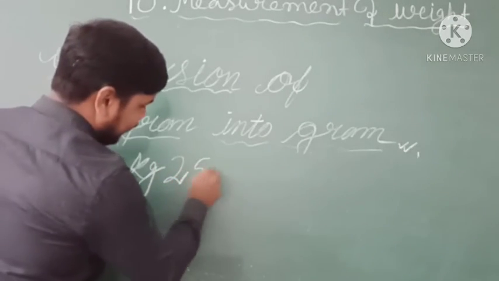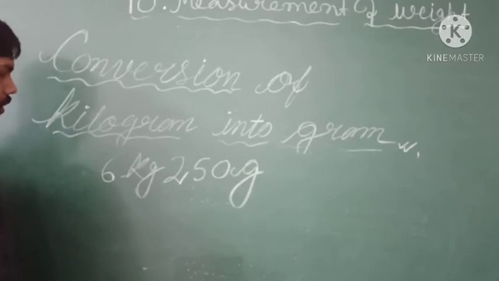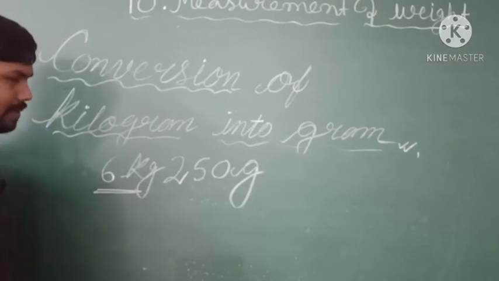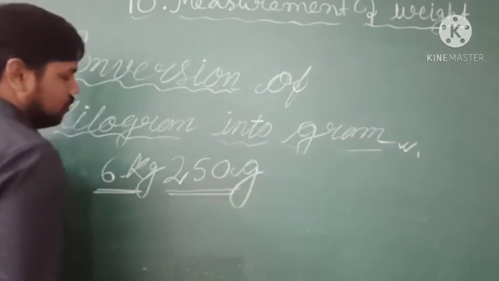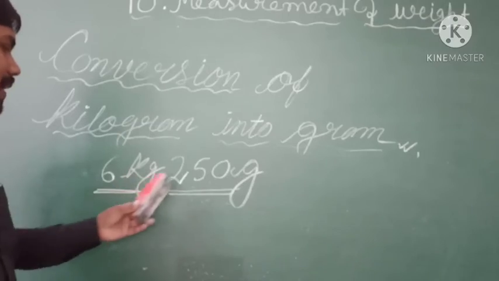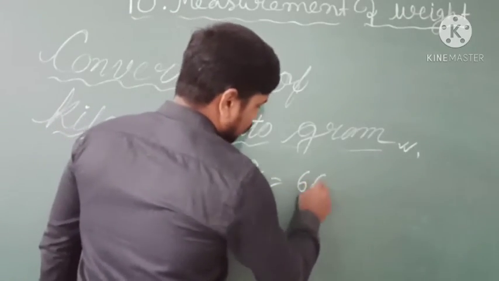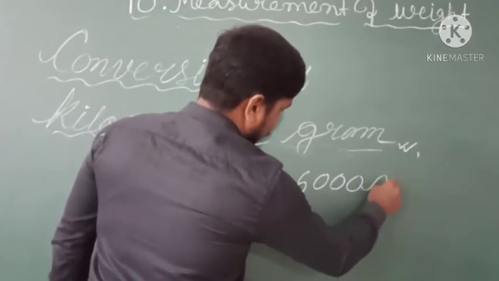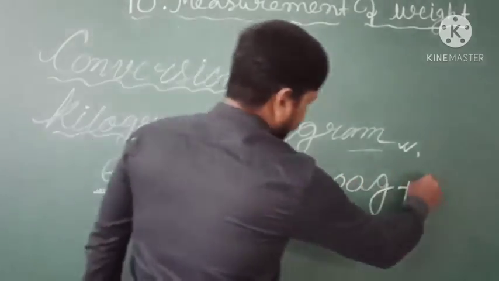and 250 gram. Now what we will do is, we know 6 kilogram means 6000 gram, and 250 gram is 250 gram. So we'll add these two. 6 kilogram is equal to 6000 gram plus 250 gram.